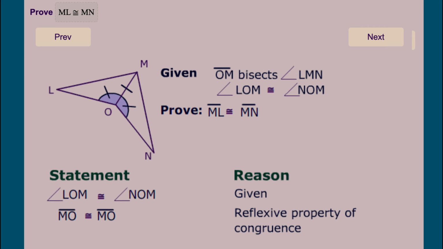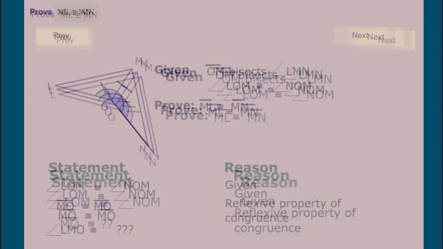Right now, you might be able to use angle, side, angle, maybe angle, angle, side. Who knows? We definitely know it's not going to be side, side, side, right? Because so far we have just one pair of angles and one pair of sides that are going to be congruent if we had two separate triangles there. All right, let's continue on.